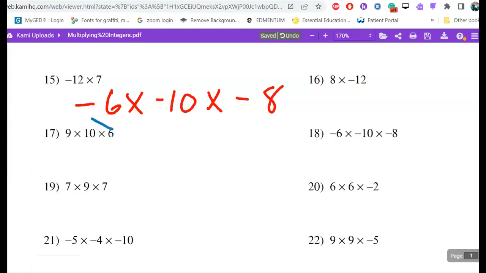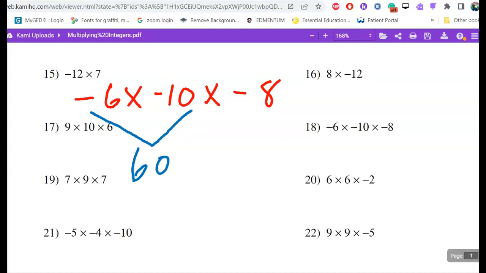First I'm going to do negative 6 times negative 10. Remember, we have a negative times a negative here. When you have a negative times a negative, that's positive. 6 times 10 is 60. So far I have 60. I bring down the rest: 60 times negative 8.